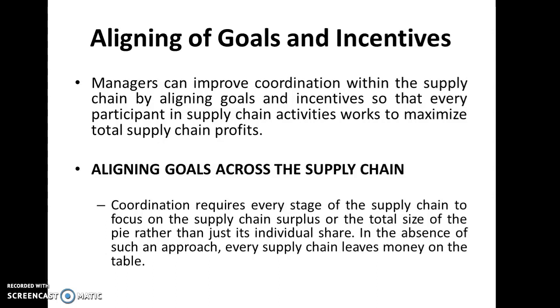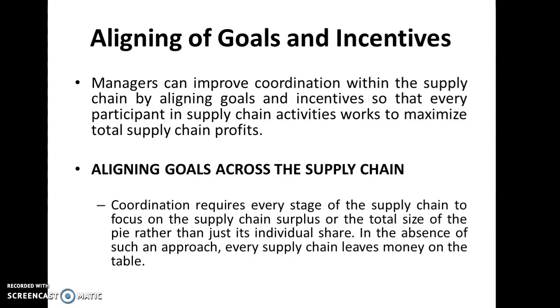That is, managers have to improve coordination in the supply chain system by aligning the goals and the incentives. In order to achieve this, every participant in the supply chain system should work towards the common objective, that is, to maximize the supply chain surplus or profits.